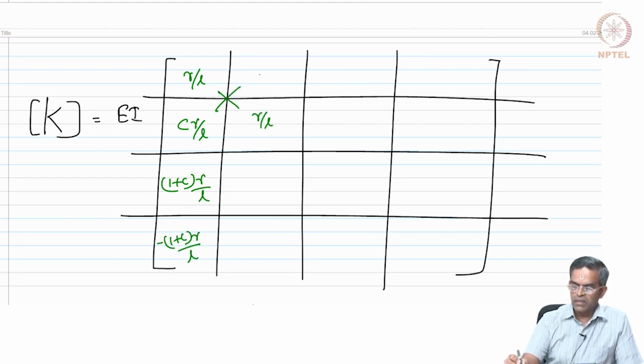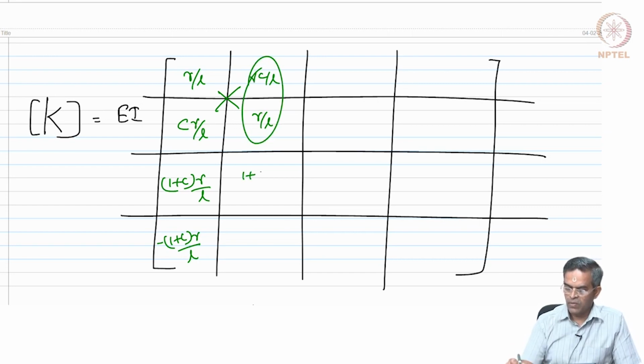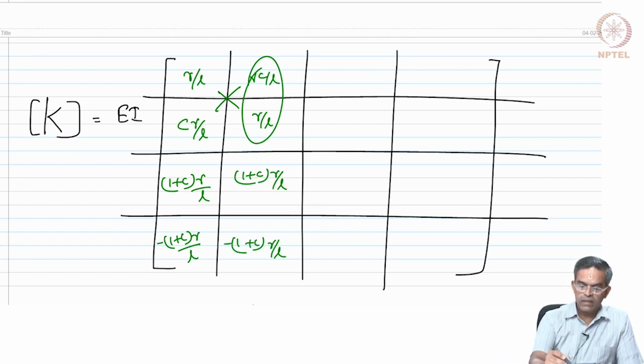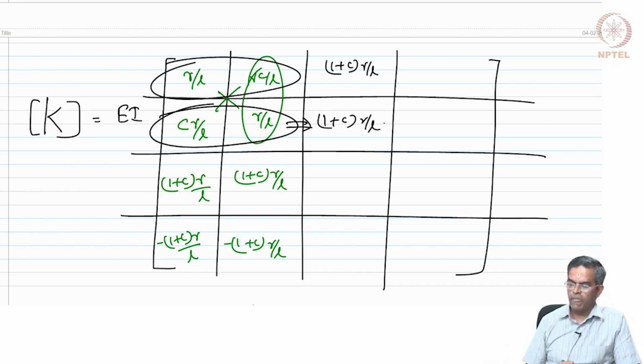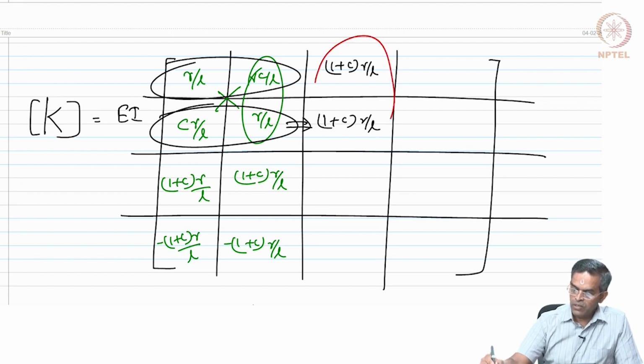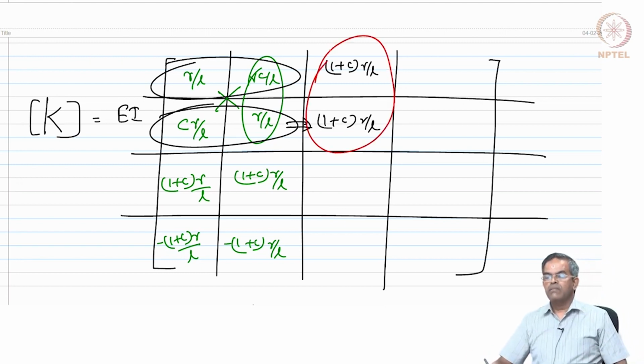So, this is R by L, this is C by L, and sum of these two, this is R C by L. So, 1 plus C R by L, minus 1 plus C R by L, and the third column sum of these two by L. So, 1 plus C R by L, sum of these two 1 plus C R by L, then sum of these two by L, but I have to use by L square, right?